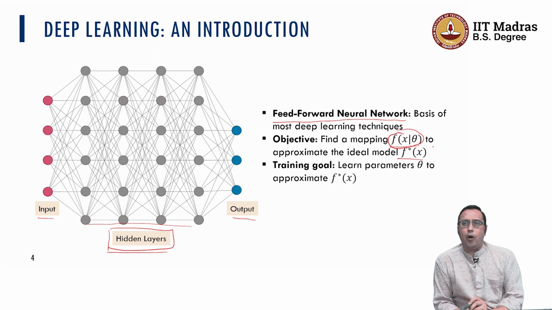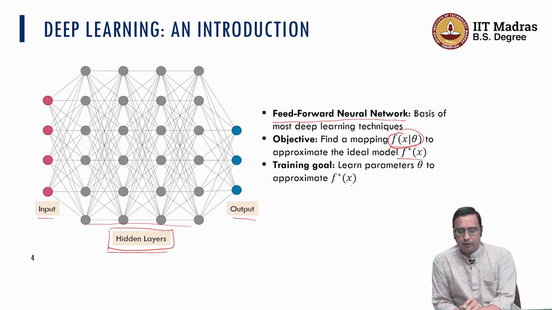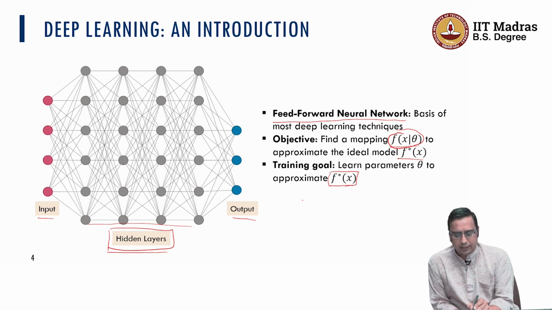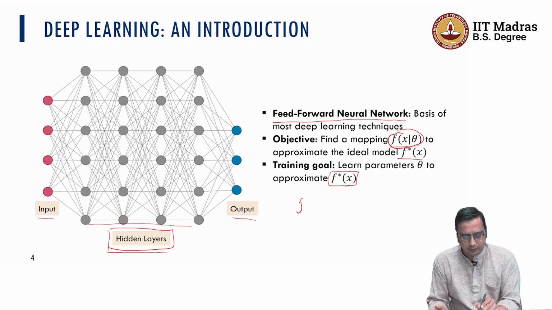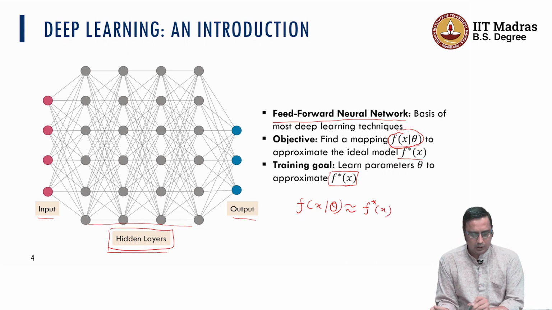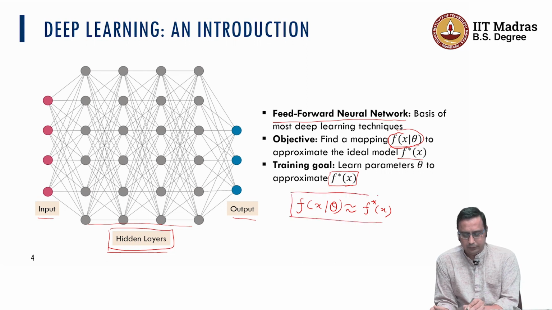The objective of training is to learn parameters theta to approximate the underlying ideal model f star(x). So what we want here is f of x, theta should be approximating f star of x. This is the objective of learning.